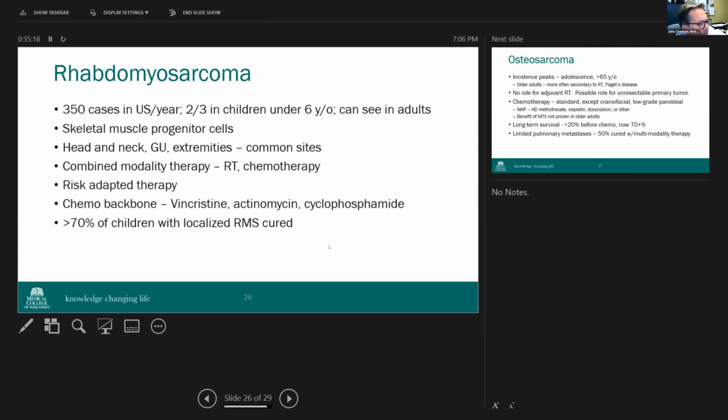And they've actually gotten to where they can really risk stratify patients and do this risk adapted therapy where people with really favorable risk disease can get less intensive chemotherapy than the prior standard. And pretty high cure rate when you give people the standard multidisciplinary treatment.